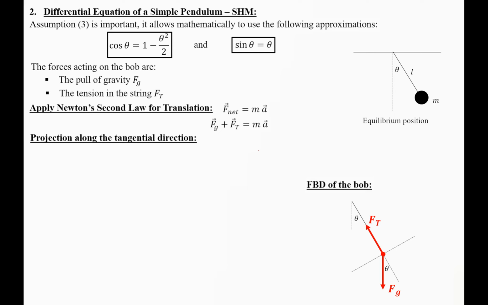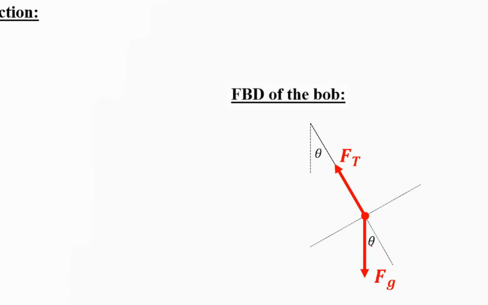Remember that in simple harmonic motion, we said that the restoring force should be preceded with a minus sign. Now here, what is the force that is playing the role of the restoring force? Actually it's the pull of gravity, because if you think about it, the pull of gravity has two projections.